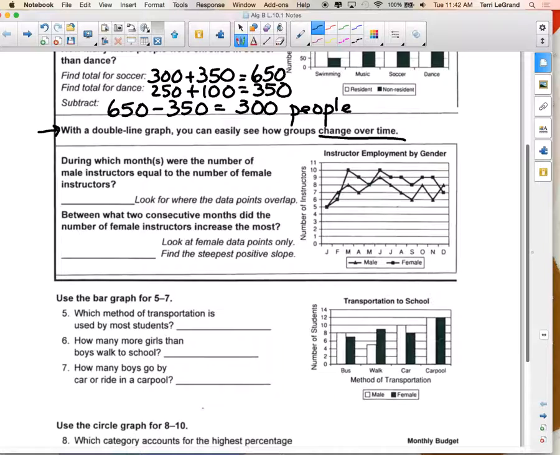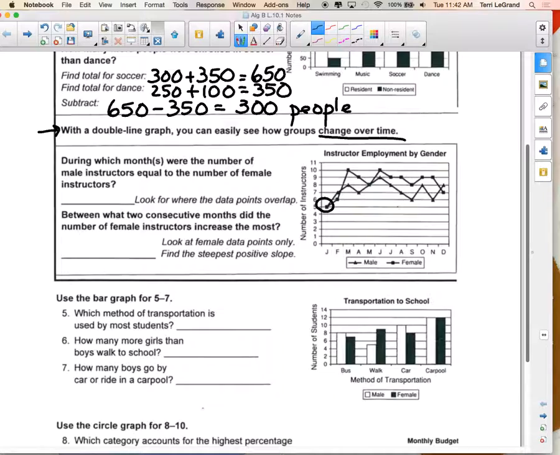During which month or months were the number of male instructors equal to the number of female instructors? Julia, you got a month that the number of male instructors was exactly the same as the number of female instructors? January, right away at the beginning here, right?